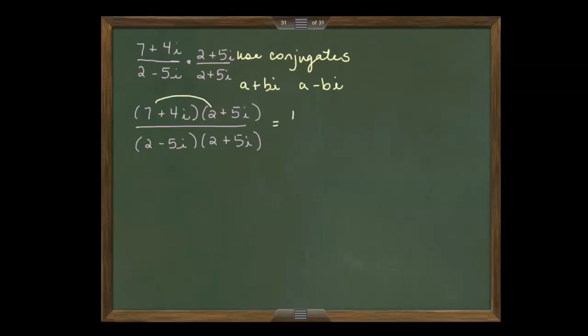So in the numerator, 7 times 2 is 14. 7 times 5i is 35i. 4i times 2 is 8i. And then 4 times 5 is 20i squared.